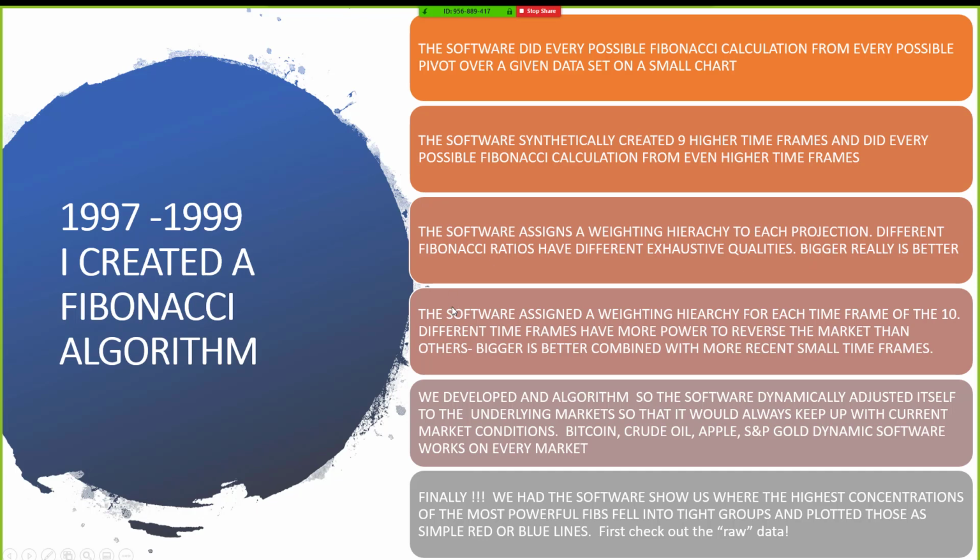So we set up a hierarchy so we could determine which ones were more important and which ones weren't. And then we also assigned a weighting hierarchy for time frames, because even with one chart, we're technically using 10 time frames' worth of Fibonacci analysis. Two things really stuck out.